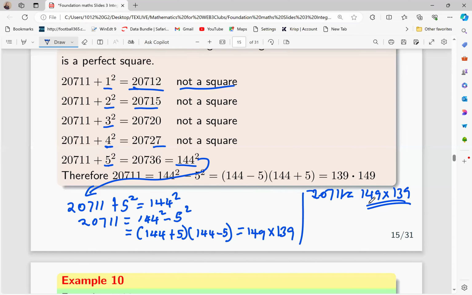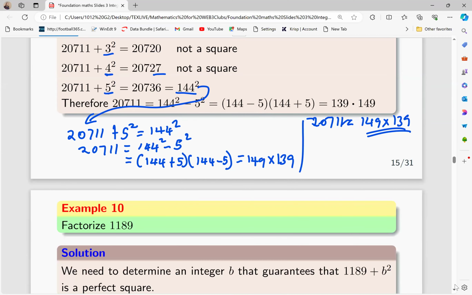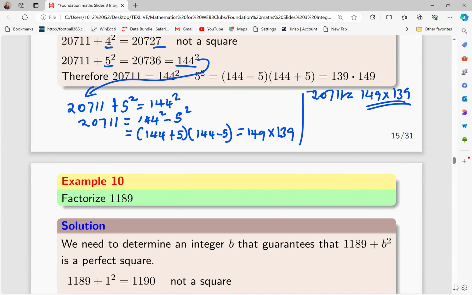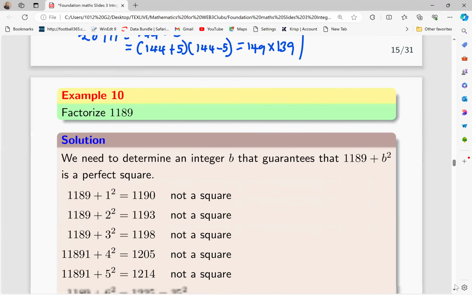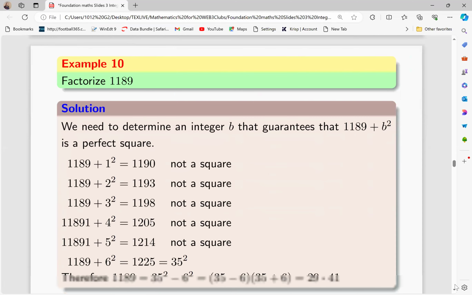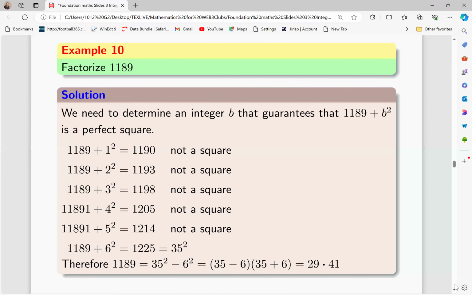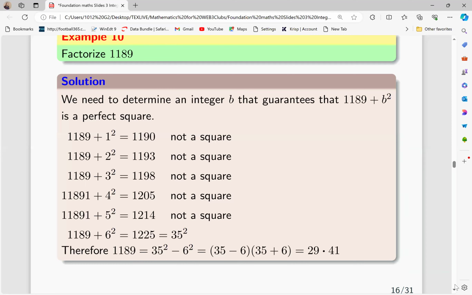So you can see it's very easy to factorize these numbers. I want to look at this example, and then we'll go to very huge numbers. I'll show you how to find factors if they were very huge, because if they were very huge, you want to minimize the number of steps. Again, let's just do this. We want to find b square. Using our trial, we add 1 square, you get this, which is not a perfect square.